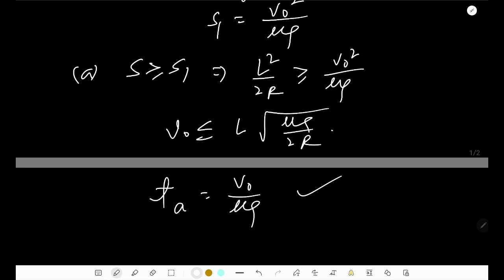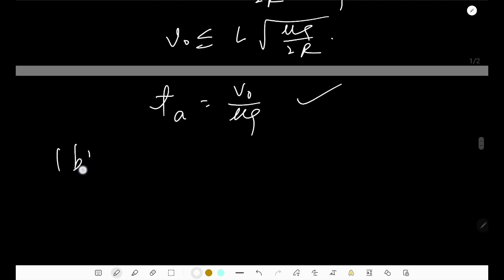And the second case I would like to take like this. If s is less than or equal to s1, that means the puck travels the distance and either collides with the cylinder or just touches it. इस केस में total travel time, how can I calculate? I simply know the total distance traveled, that is L square upon 2r.